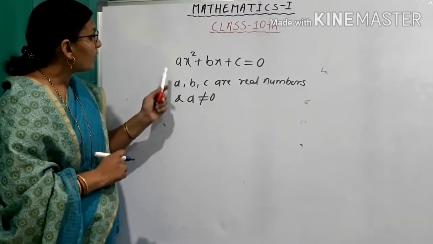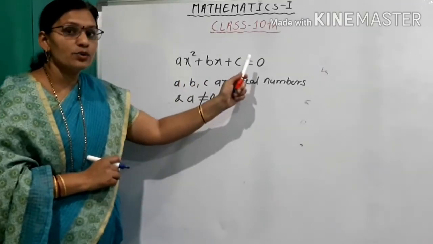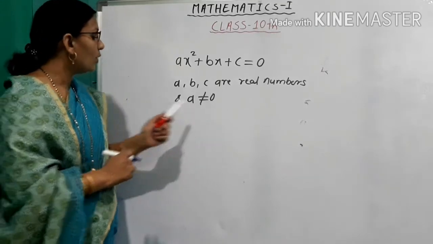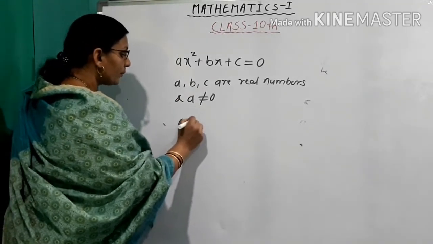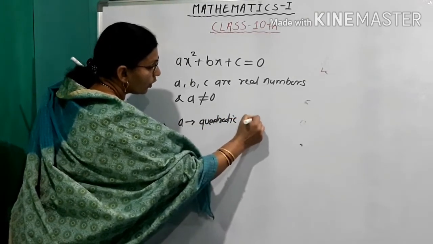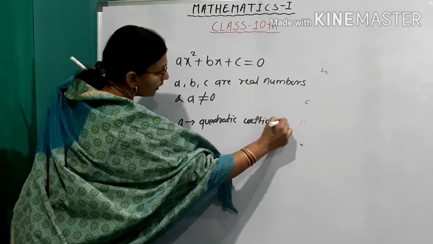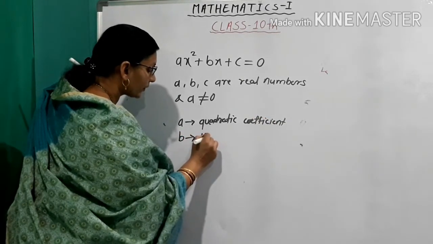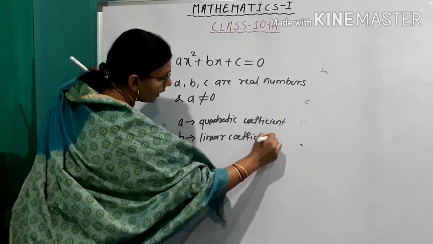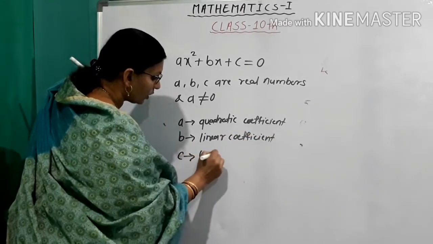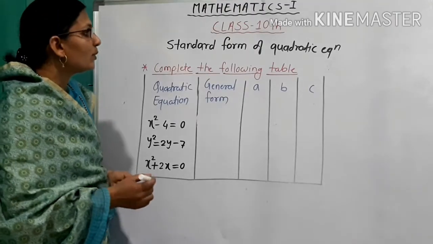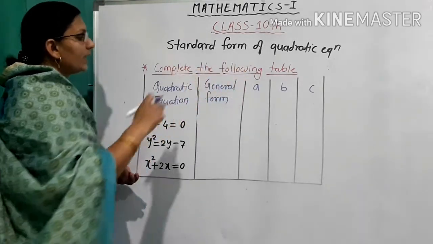So the condition for ax square plus bx plus c equal to 0 to be a quadratic equation is that a is not equal to 0, where a is called quadratic coefficient, b is called linear coefficient, and c is a constant. To write the standard form of quadratic equation, complete the following table.